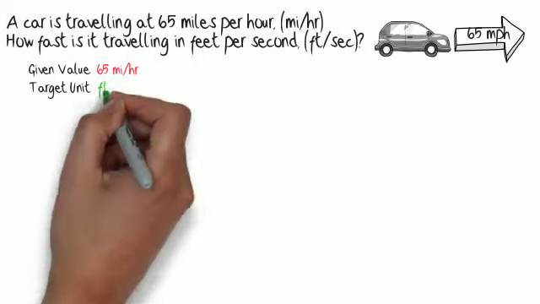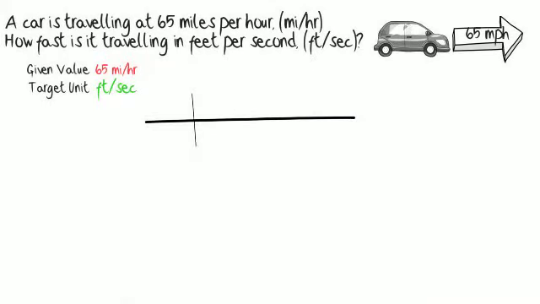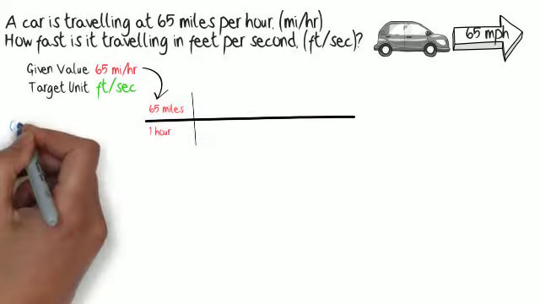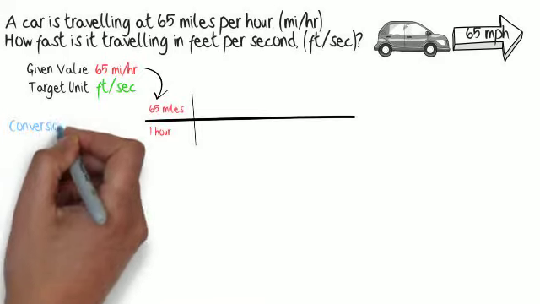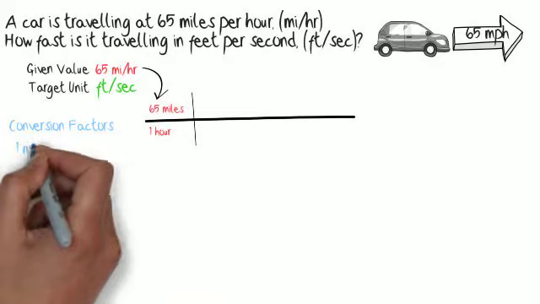So we're going to draw our horizontal line, we're going to draw our vertical line, and we're going to take the 65 miles per hour and put it into the dimension analysis bracket. And now we look at our conversion factors. We're going to list these out.